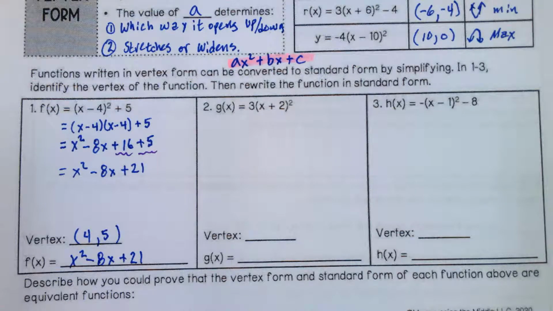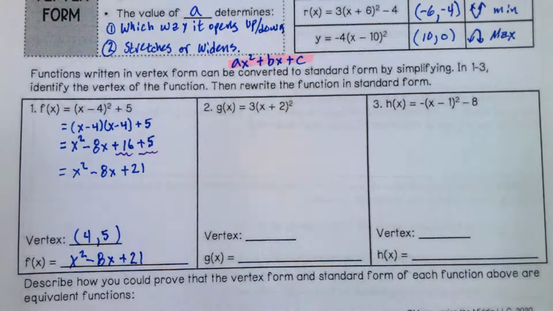Then multiply that by 2. That's how we ended up with negative 8x. And then finally you square the constant term. Negative 4 squared is 16. That's how we ended up with that. So you can do all that in your head, and then you get this. We'll practice that on this one. And then you just combine. So let's try that on this one.